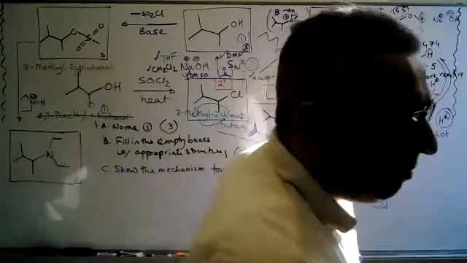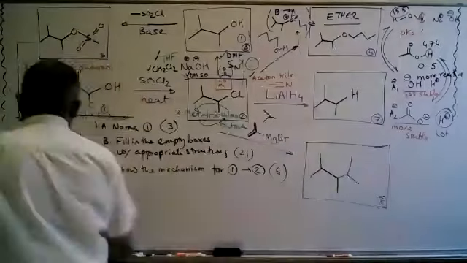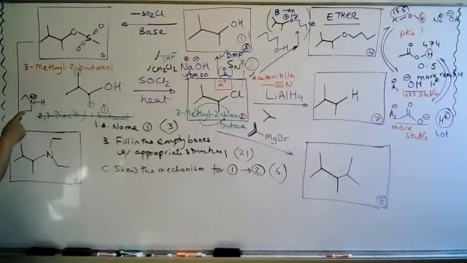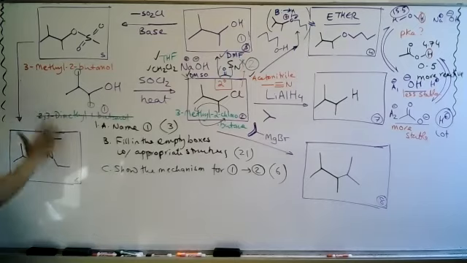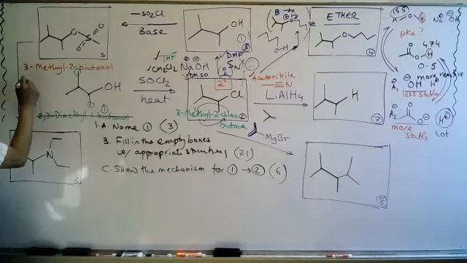Wait, I have a question. At the first year class, I thought, why isn't there a positive charge on the nitrogen when you drew it right now? If anybody wants to hang up, that's totally fine with me.